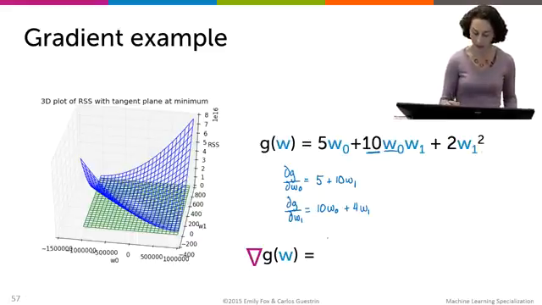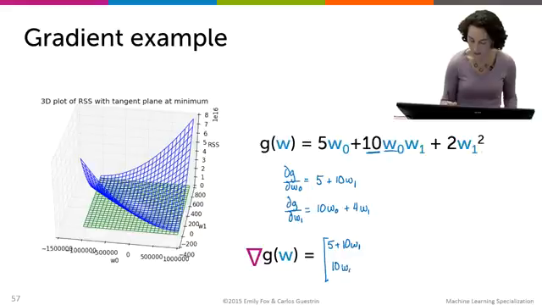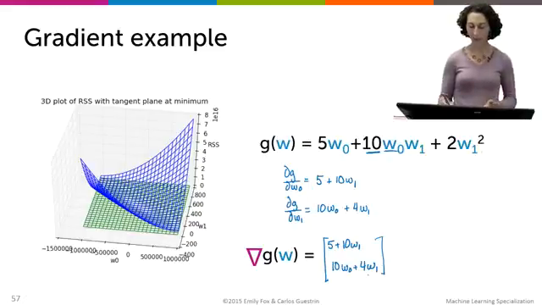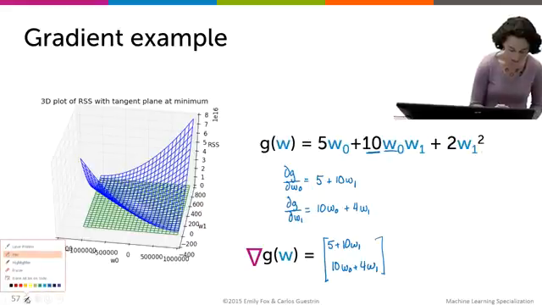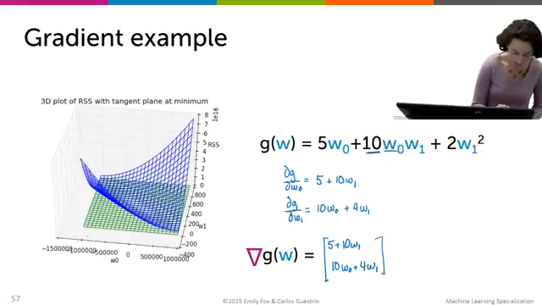Okay, so my gradient of g is going to be 5 plus 10 w1, and 10 w0 plus 4 w1. So what does this mean? Well, let me switch to the red color so you can see it on this plot.